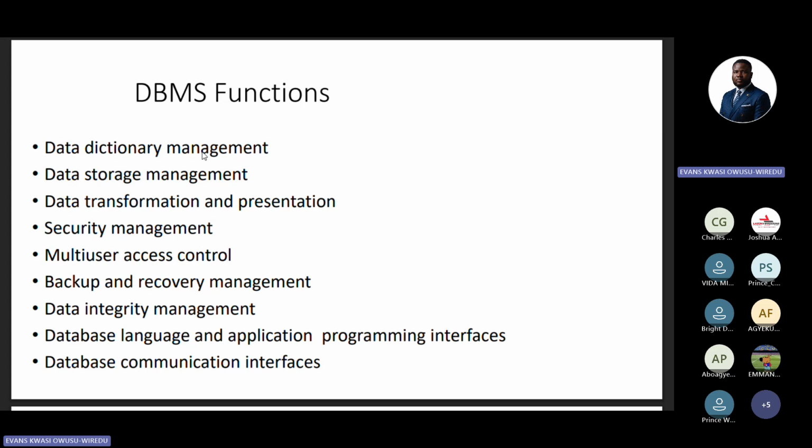The data transformation and presentation. How your data is stored is different from how it's presented, because the end user must be able to understand. Normally the interface provides a way to present your data in order to make sense to the end user. I hope we understand, right? So the database system is able to translate that data to be meaningful for presentation for people to understand.